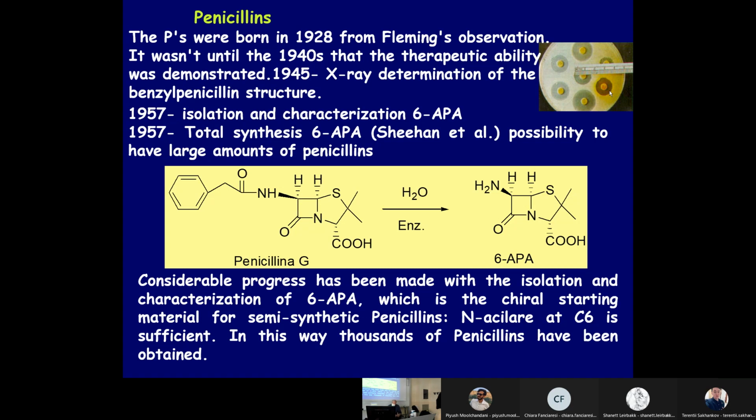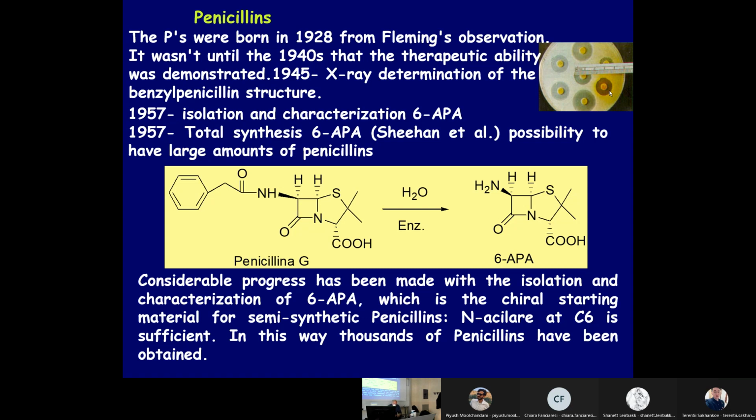And he repeated the different experiments. And he discovered the presence of particular compounds able to block the growth of bacteria.